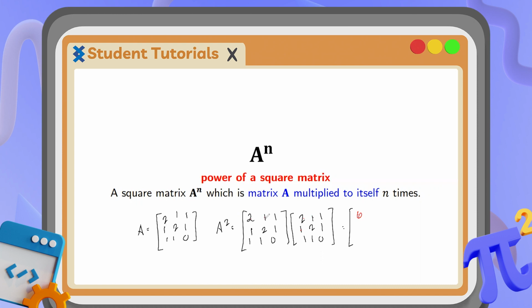Then, so that's 2 times 1, 1 times 2, plus 1 times 1, which is 4 plus 4 equals 5. And then here again, so that's 2 times 1, 2, plus 1 times 1 is 1. So that's 2 plus 1, 3, plus 0, which is equal to 3. And then so on and so forth.